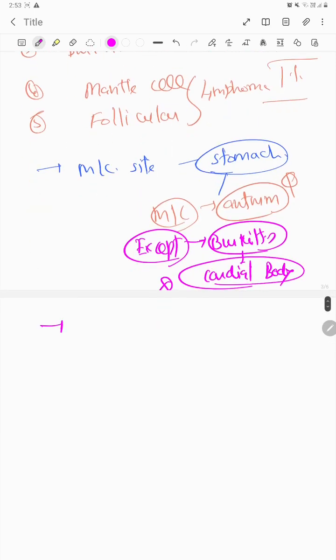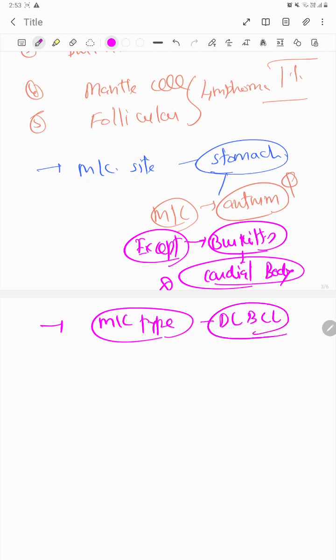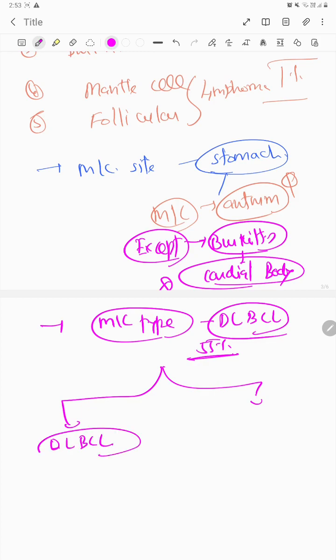And the other one-liner is, the most common type is DLBCL. This I have told already, 55%. So the two most common types of GI lymphomas are DLBCL and your maltomas.